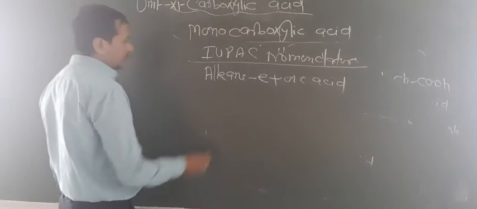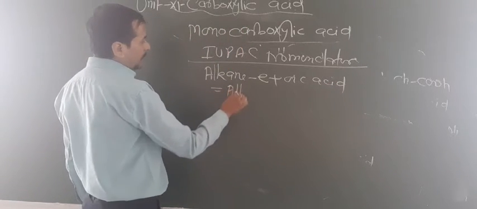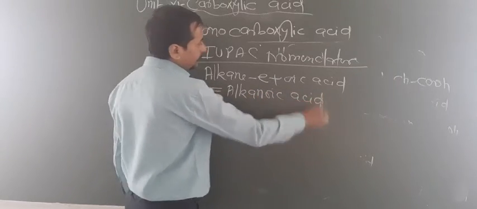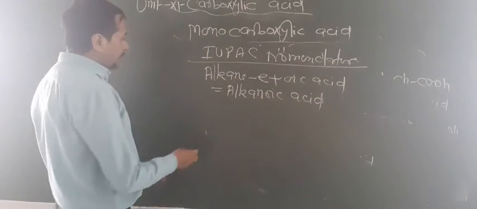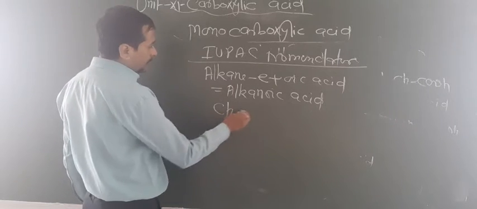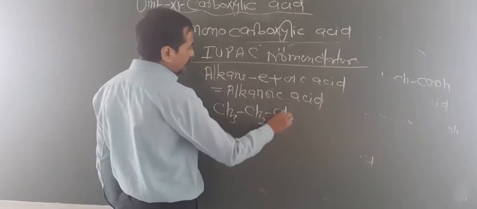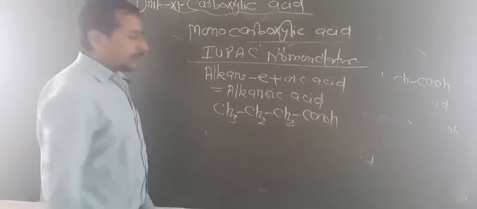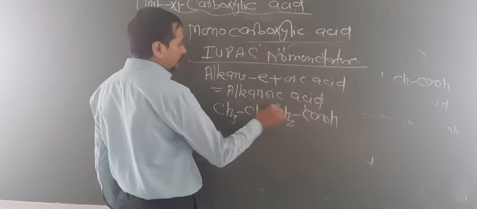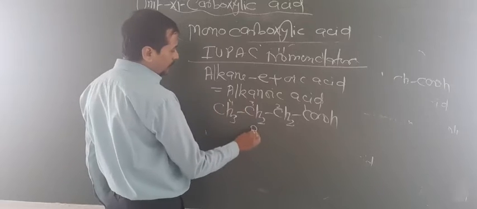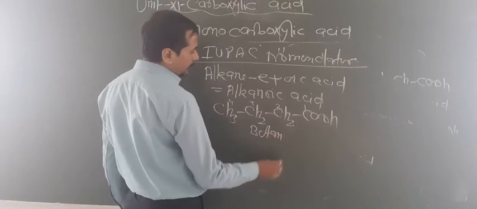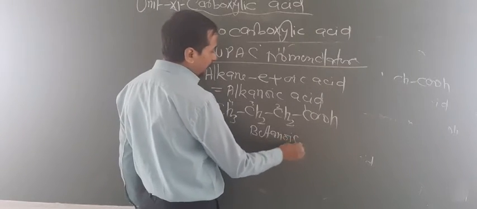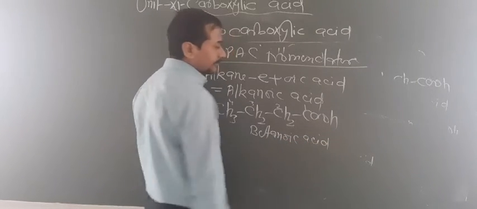So this becomes alkanoic acid. Look at the example, CH3CH2CH2COOH. This is 1 2 3 4 carbon, and 4 carbon is known as butane. You have to remove E from butane and add oic acid. So now this becomes butanoic acid.